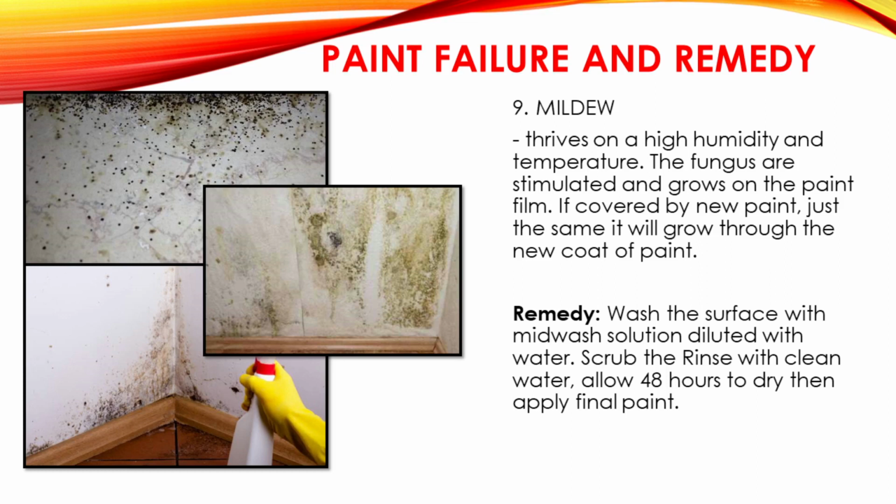So the remedy for this failure is to wash the surface with mildew wash solution diluted with water. Then scrub the wall with this kind of paint failure, and then rinse with clean water and allow 48 hours to dry, then apply the final paint.